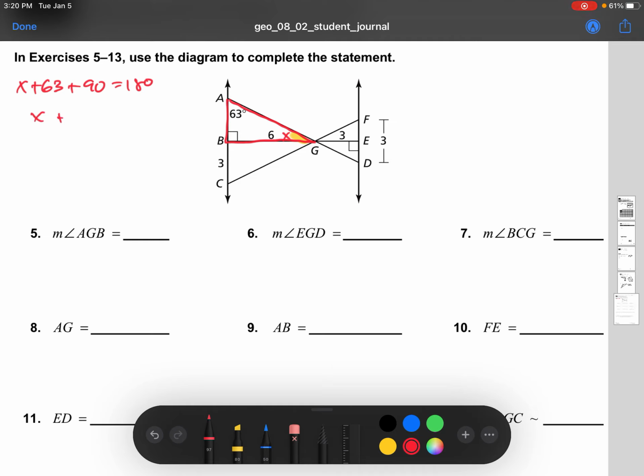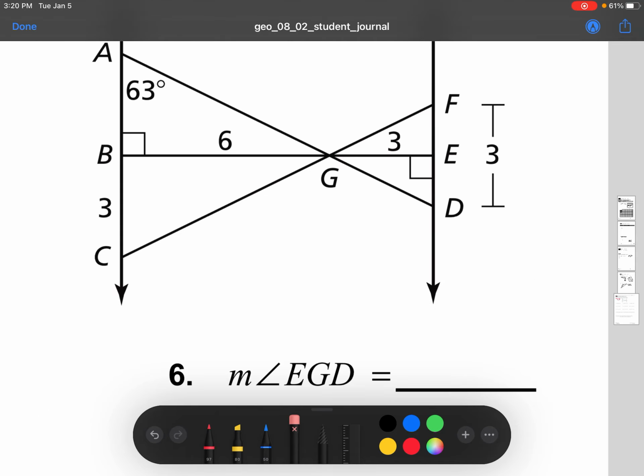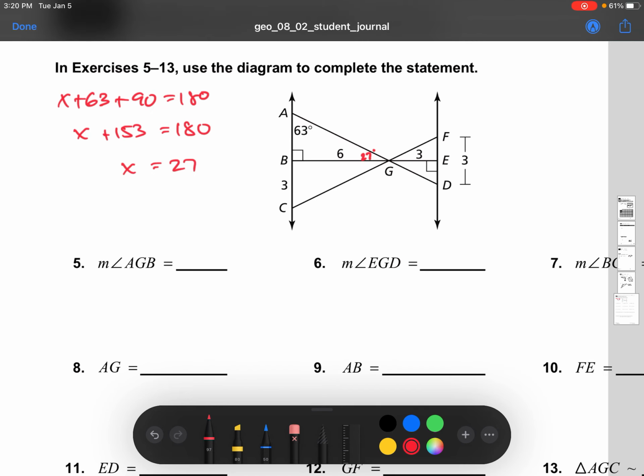X plus 153 equals 180. If we subtract 153 from both sides, we get X equals 27. So now we can go in here and write 27 degrees.